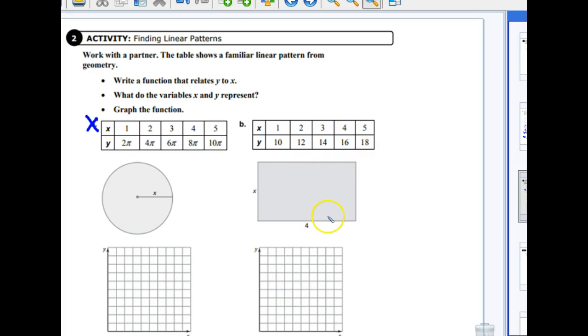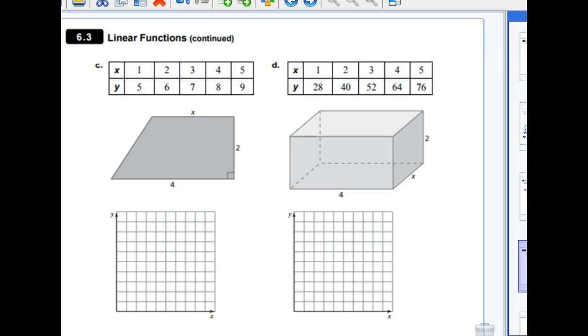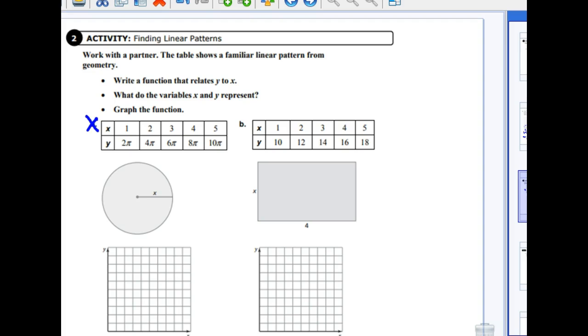And it's really the same thing. Yeah, it's just more of the same. I want you guys to go ahead and do B on your own, and then I'll let you start your homework because it's just more of the same.